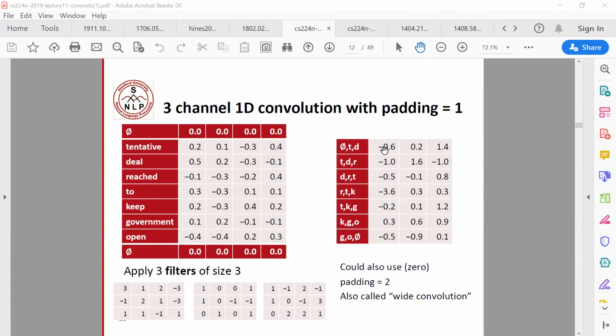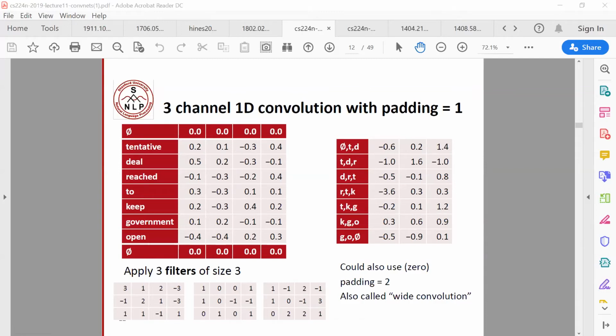The first column would come from applying this filter, passing it downward this way, and you get all these numbers. And then the second filter, passing over the same array of numbers, gives you the numbers in this column. And then finally, the third filter, passing over the same data, gives you the third column. So 1 column for each filter.